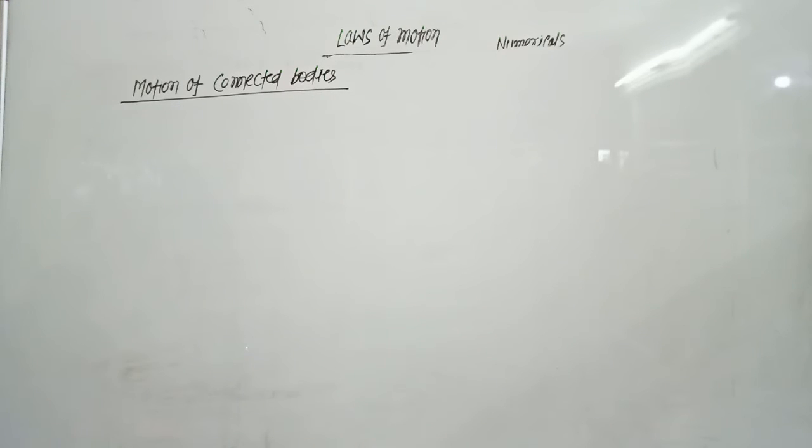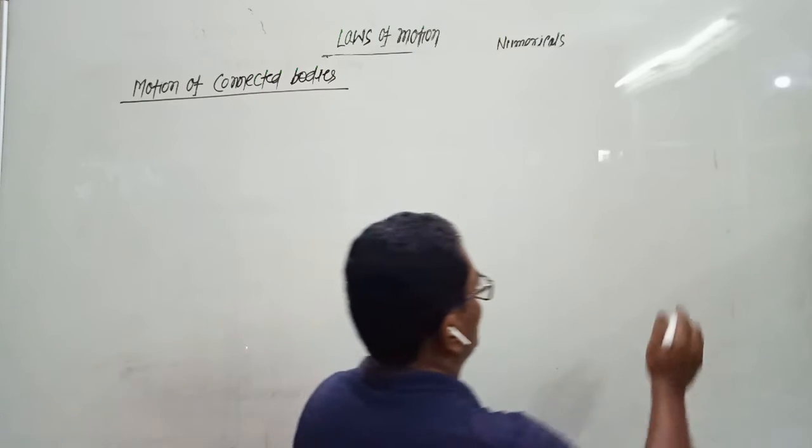Take the case where two masses are connected at the ends of an inextensible string, and the string passes over a smooth frictionless pulley.